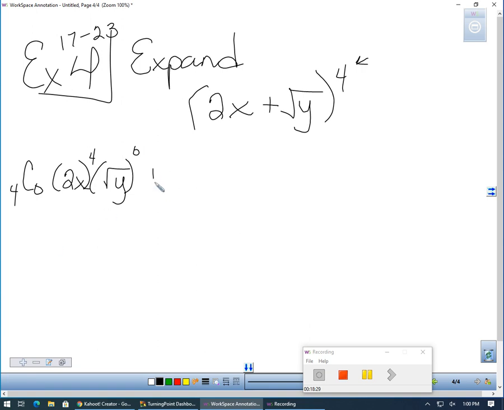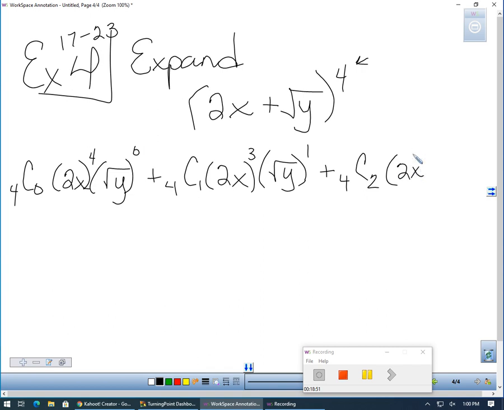Plus 4c1, 2x to the 3rd, and then the square root of y to the 1st. Plus 4c2, 2x to the 2nd, square root of y to the 2nd.